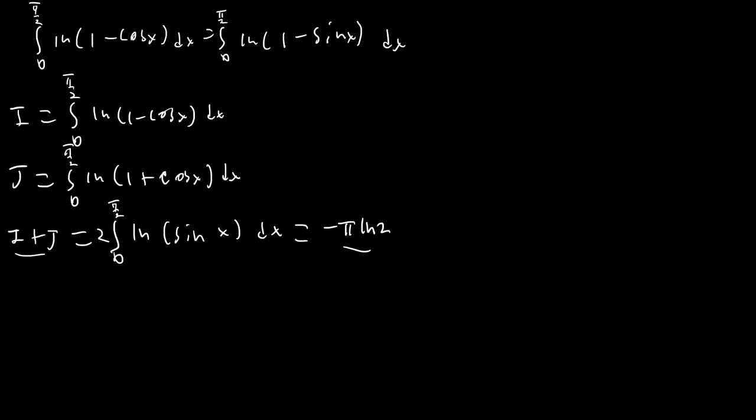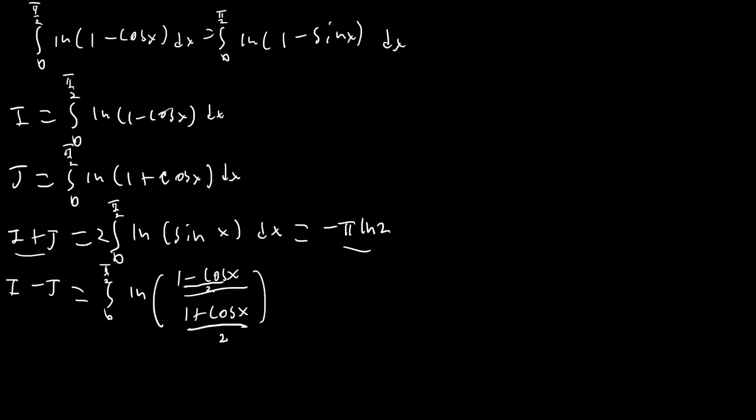We're also going to calculate I minus J. So I minus J is the integral from 0 to pi over 2 of natural log of 1 minus cosine x over 1 plus cosine x. Now we're going to go ahead and just divide by 2 on the top and bottom here. And we're going to use our double angle formula to convert this to the integral from 0 to pi over 2 of ln sine squared of x over 2 over cosine squared of x over 2 dx.